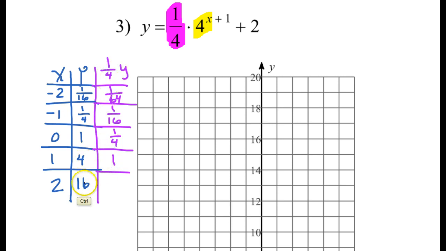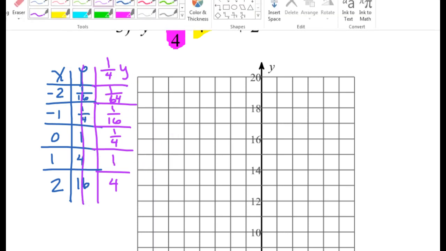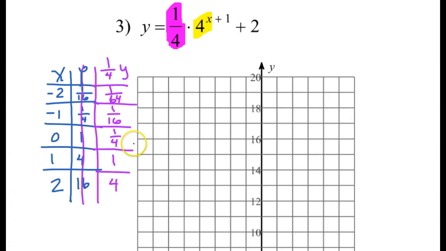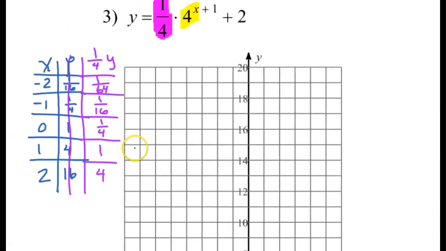And 1/4 times 16 is 4. So these are my new y values. So let's go ahead and plot these points, even though they do not represent the final answer.